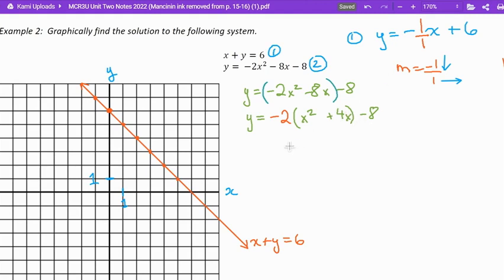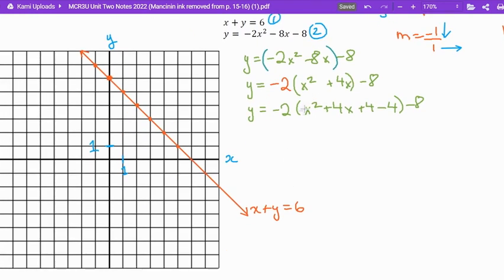So 4 is a funny one, right? Because 4 divided by 2 is 2. 2 squared is 4. So we've got -2 times x squared plus 4x plus 4 minus 4, minus 8.